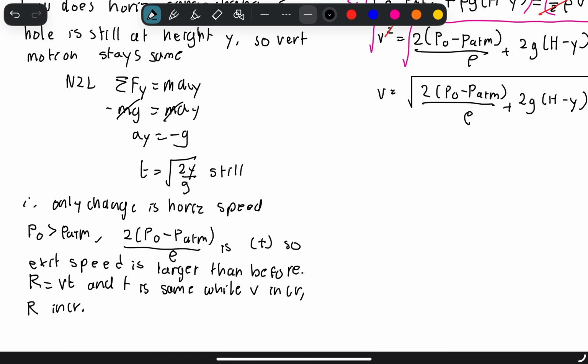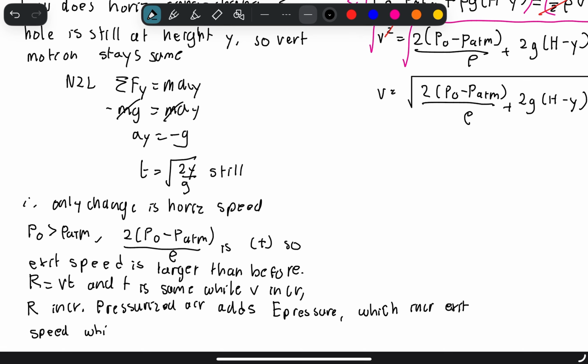So we can say that pressurized air adds pressure energy, which is going to increase exit speed while the time of flight is the same.